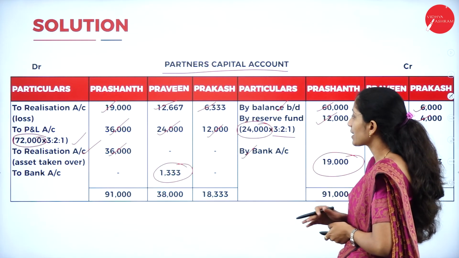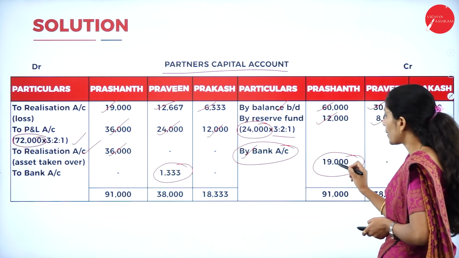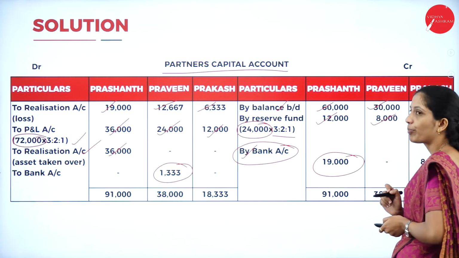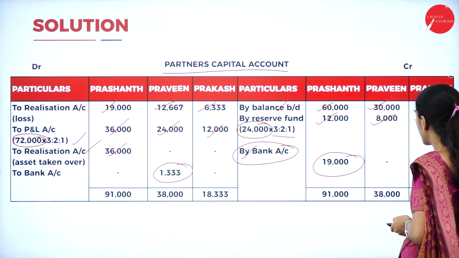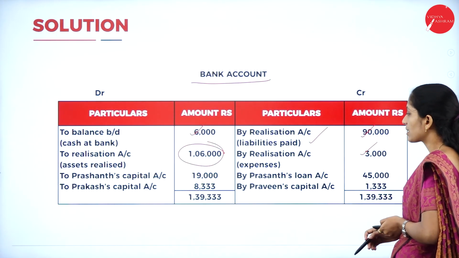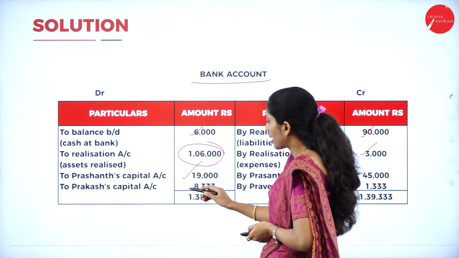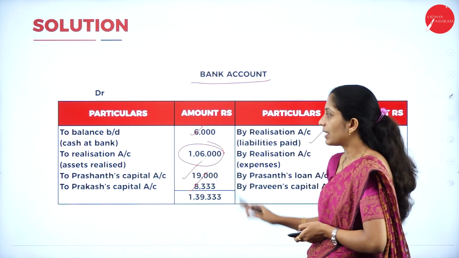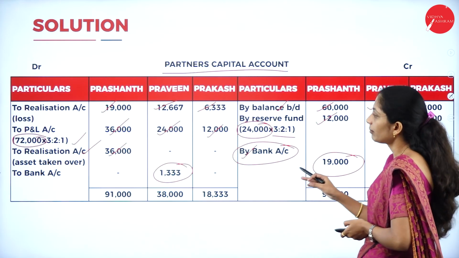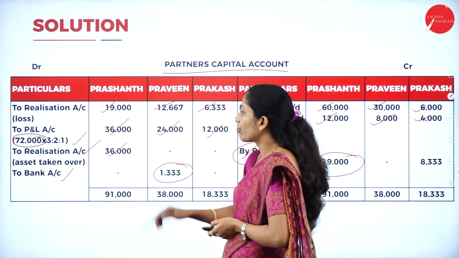Now come to partners' capital account. Here we have bank account, right? So how do we record? To Prashant's capital account, to Prakash's capital account. How much? 19,000 and 8,333. Next, here also on the debit side we have bank account. So how do we record?